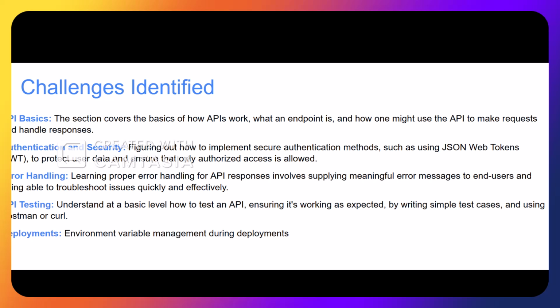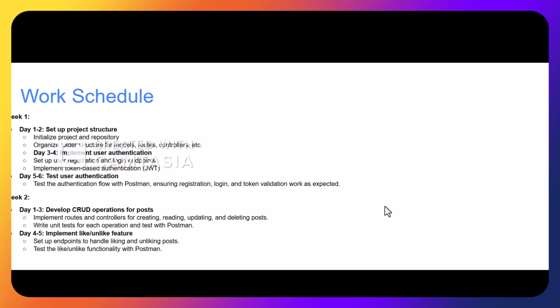My work schedule will be within one to two weeks. First, I will set up the project structure and implement user authentication. Then I will develop the operations for posts and likes on my system, and hopefully conduct testing, debug issues, and deploy the API to the cloud.